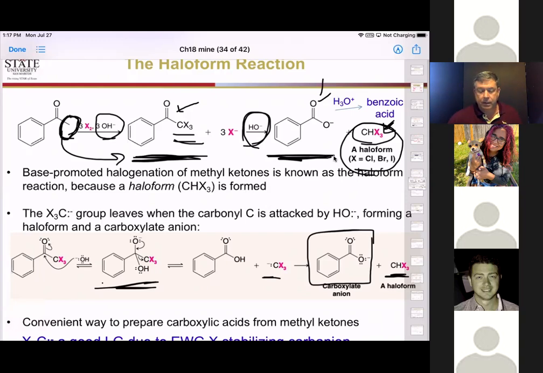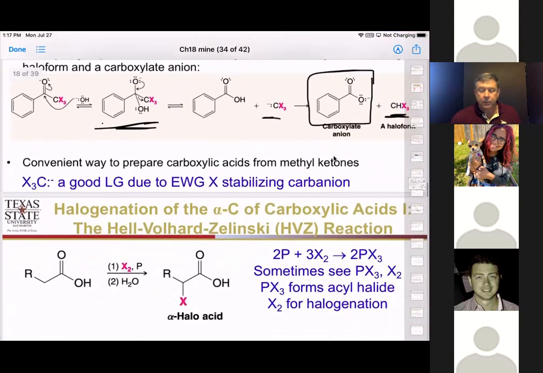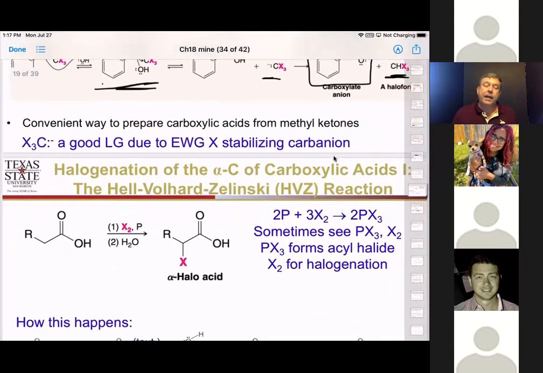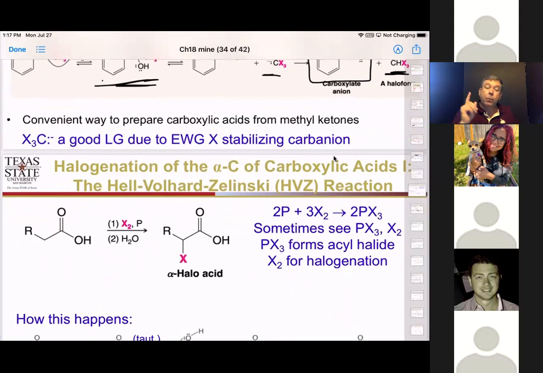Okay. All right. So there's a derivative of this reaction where we try to just pull off one of our alpha carbons and replace it with a halo compound, okay? And this is called the HVZ reaction, or Hell-Volhard-Zelinsky, okay?